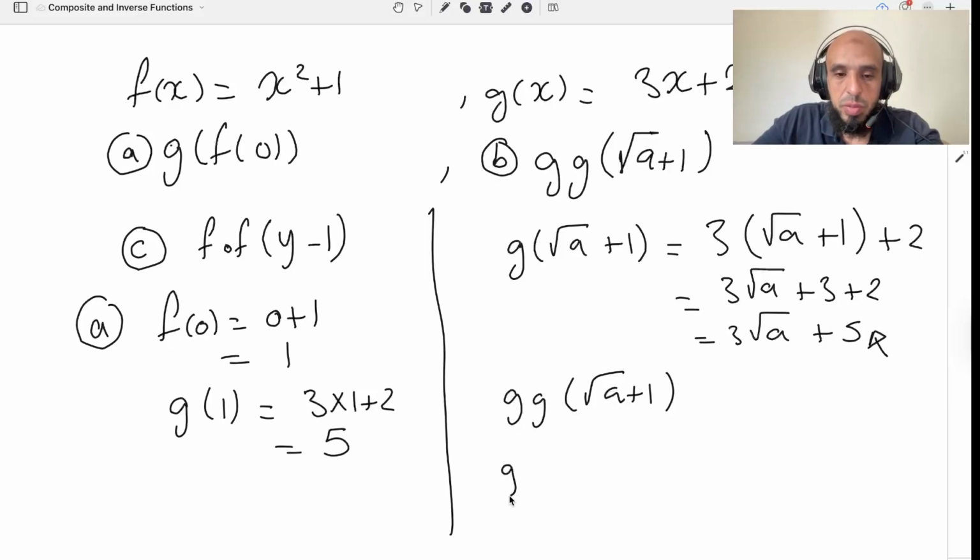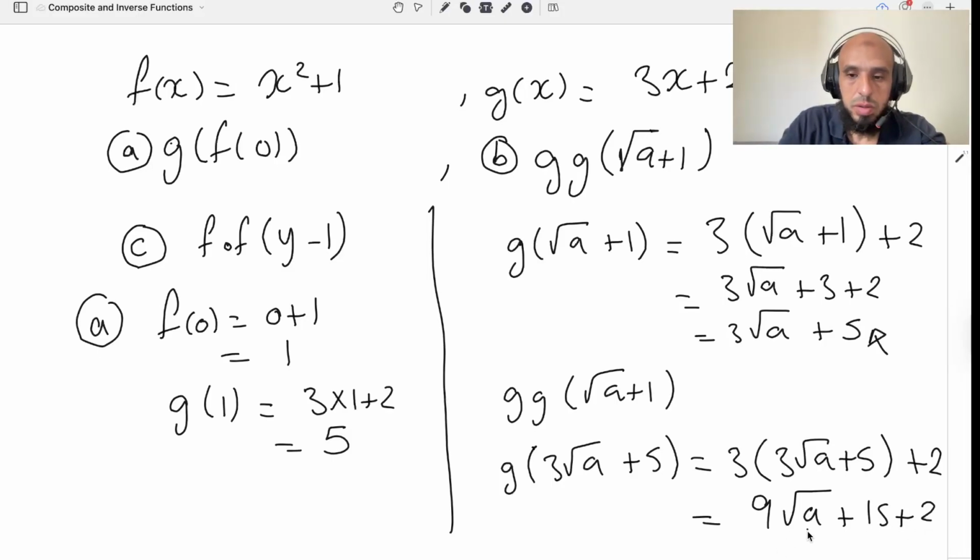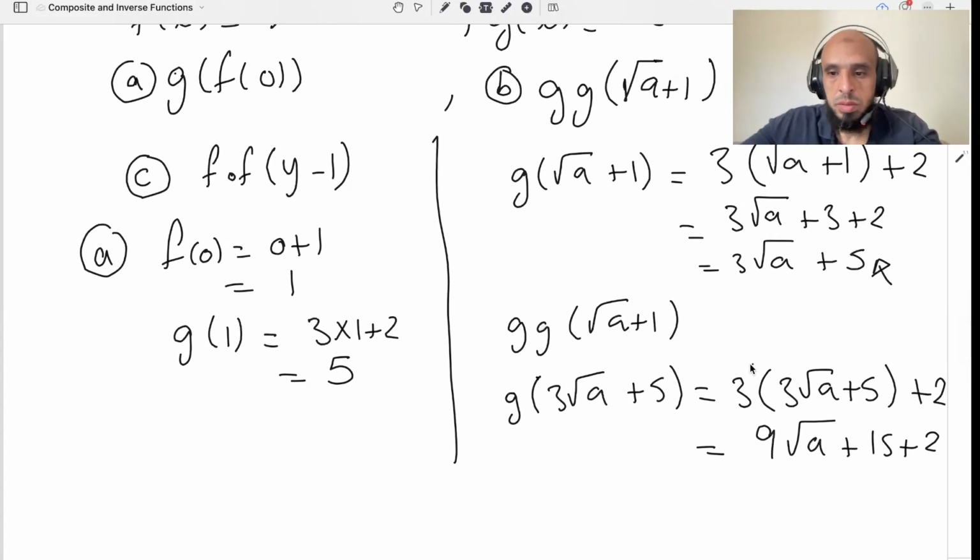So it's going to be g of 3 square root of a plus 5, which is equal to 3 times 3 square root of a plus 5 plus 2, which is 9 square root of a plus 15 plus 2, or 9 square root of a plus 17.